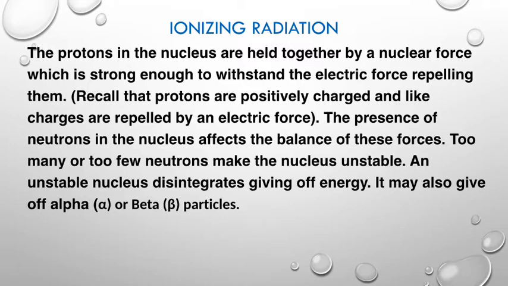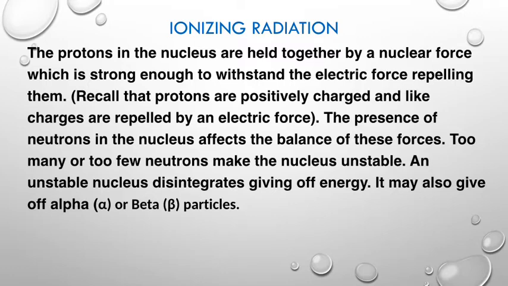So the presence of neutrons in the nucleus affects the balance of these forces. If you have too many or too few neutrons, it could make the nucleus unstable. An unstable nucleus would disintegrate or decay, giving off energy.